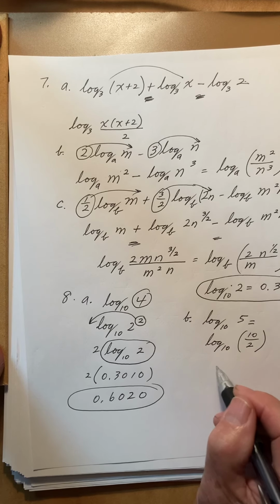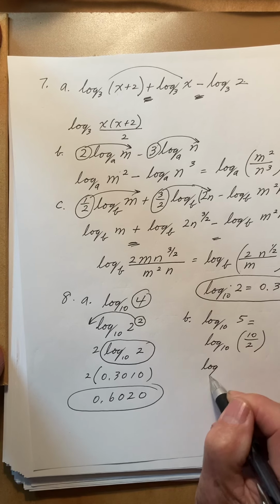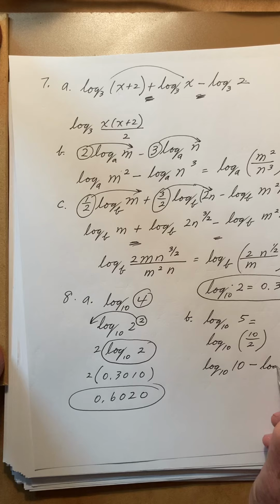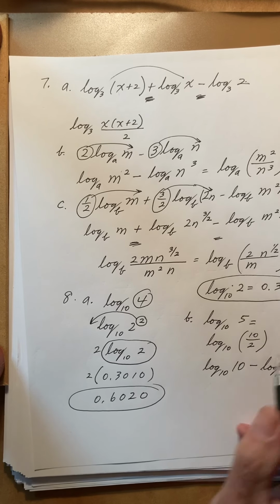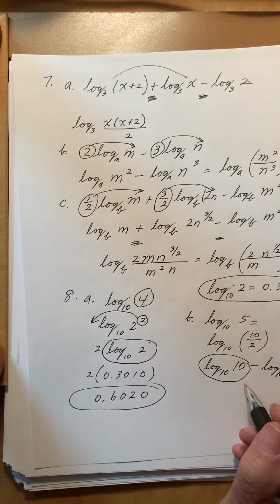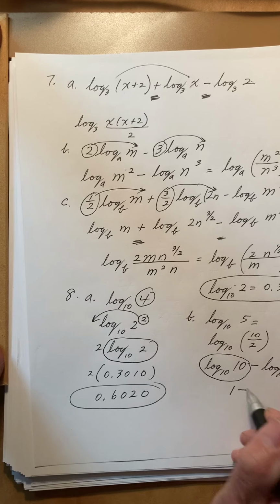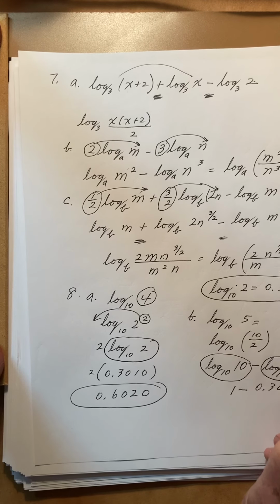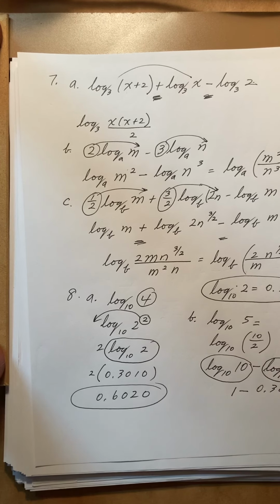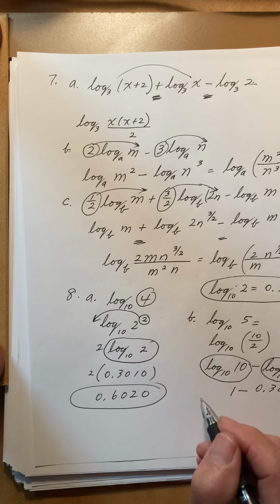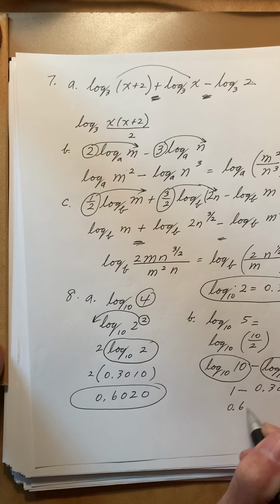Because that now gives us log base 10 of 10 minus the log base 10 of 2. And we looked earlier, this right here is equal to 1. So that's 1 minus this, which is 0.3010. And when you actually subtract those two, you get 0.6990.